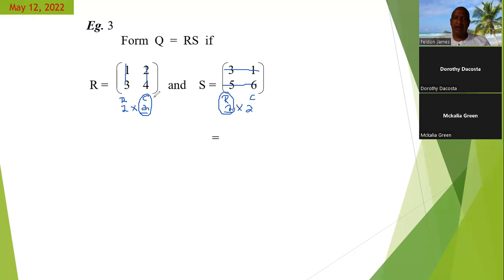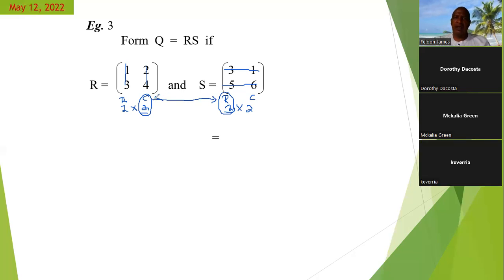So in other words, the columns in the first must be the same as the number of rows in the second matrix. All right, so that is the condition that you have to check for.